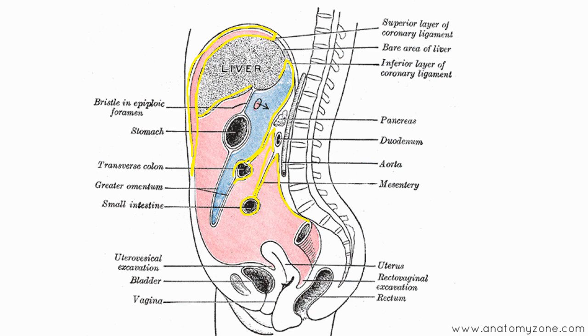And then we saw how the peritoneum meets at the porta hepatis to form this double fold which forms the lesser omentum and joins the liver to the lesser curvature of the stomach.